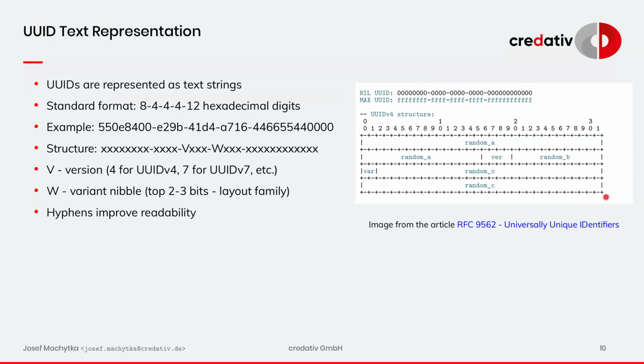And we can often also see this representation of UUID, which might look somehow complicated, but this is one UUID, which is actually represented as 8 hexadecimal digits, or 32 bits in one line.